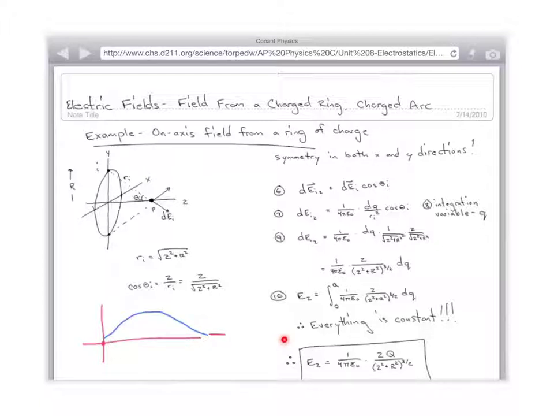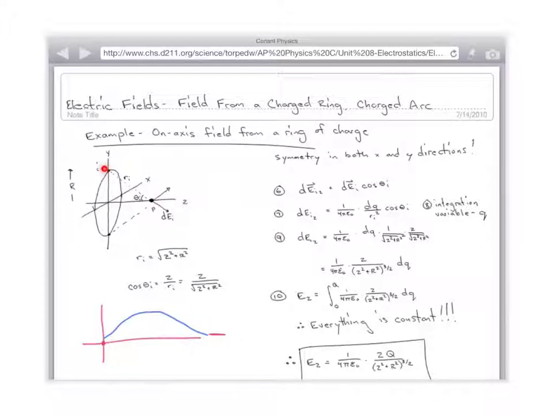All right, so back to the question at hand. Let's say we want to find the on-axis field. And when I say on-axis, I mean along the z-axis. The field at a point P that's along the z-axis. Here's the trick to this problem. Every single bit of charge is at the same distance from P. Wouldn't you agree? That means you don't actually have to integrate anything.